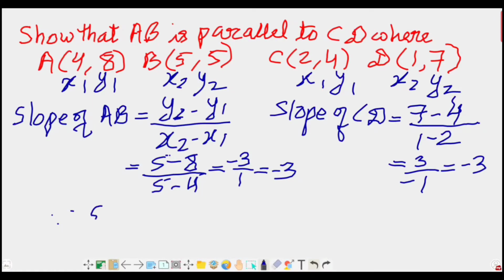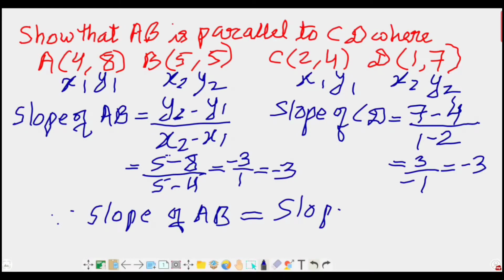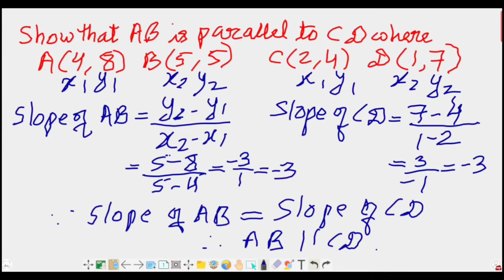So, since the slope of AB is equal to the slope of CD, it means the slope is the same, and we have done, if the slope is the same, lines are parallel. So your AB is parallel to CD.